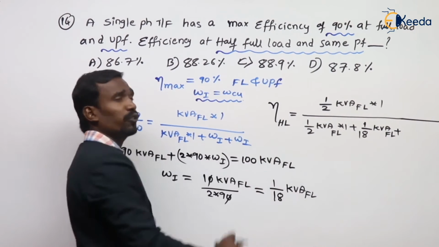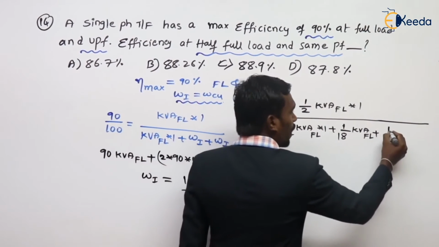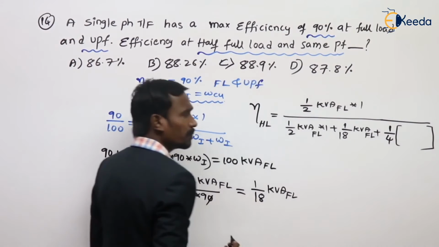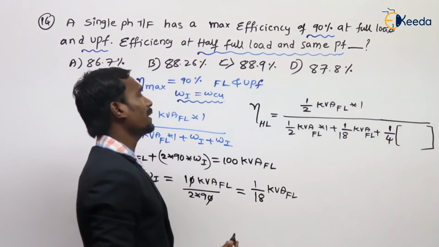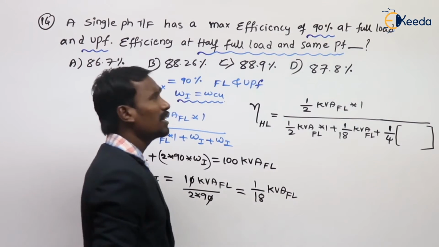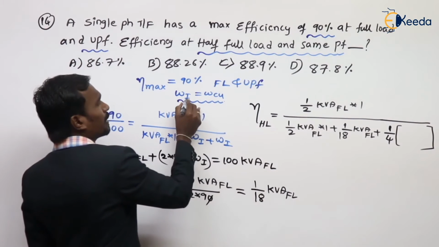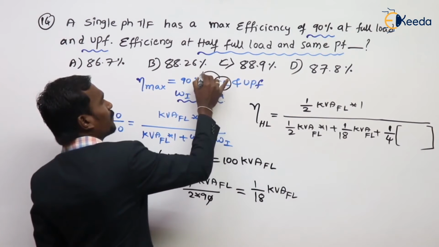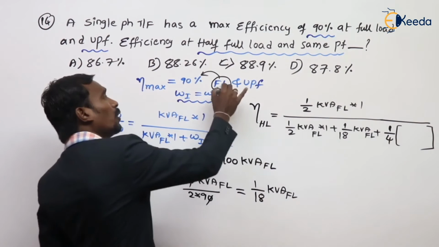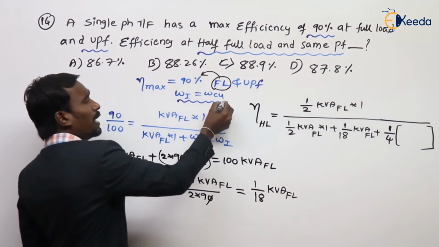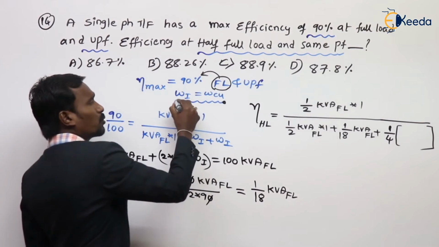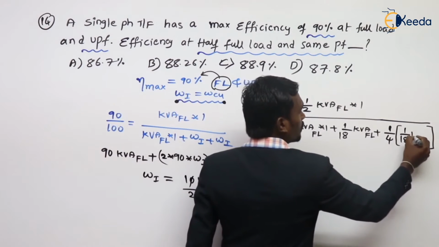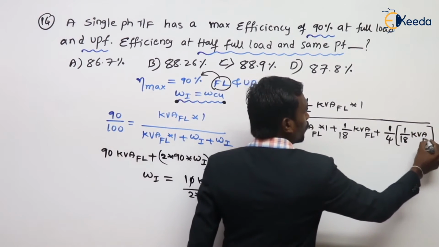Copper losses at half load are 1 by 4th of copper losses at full load. The copper losses at full load are equal to iron losses, because at full load we got maximum efficiency, so they are 1 by 18 times kVA full load.